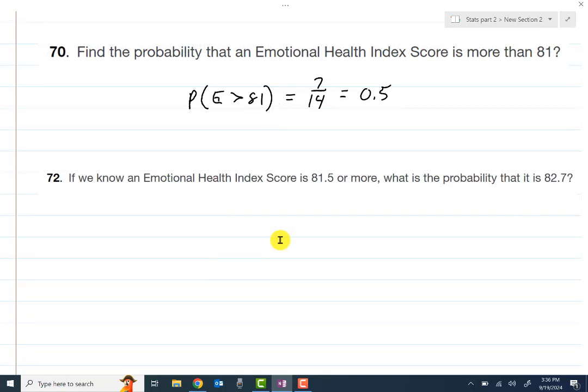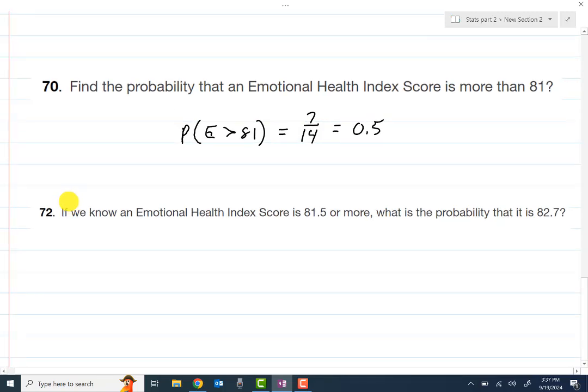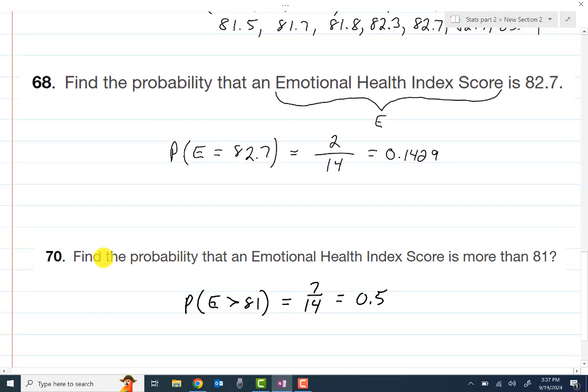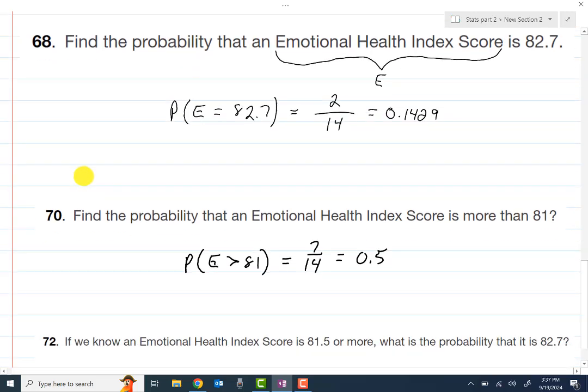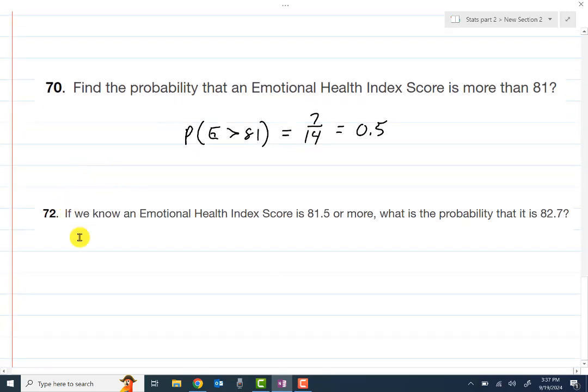If we already know in advance that an emotional health index score is 81.5 or more, what's the probability that it will become an 82.7? So let me come up here for a second. We already know that the score is 81.5 or more. That means we already know that the score starts here. So it's these last 7 items. These last 7 numbers are all what they're talking about here. So with that said, watch this.